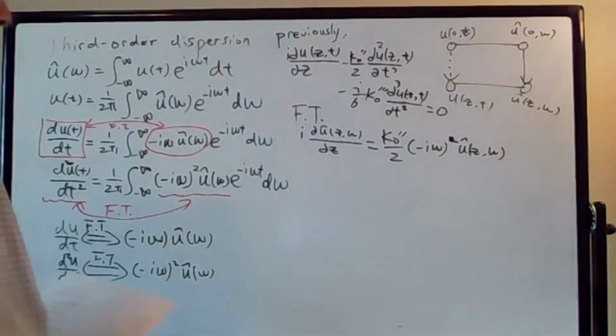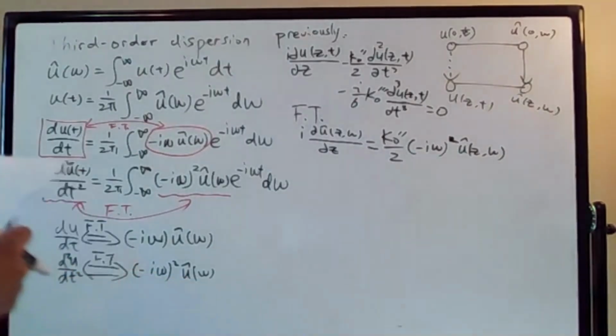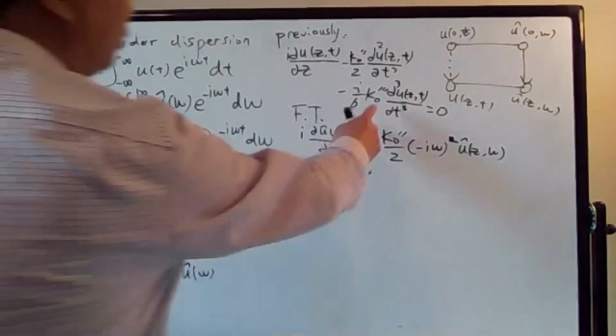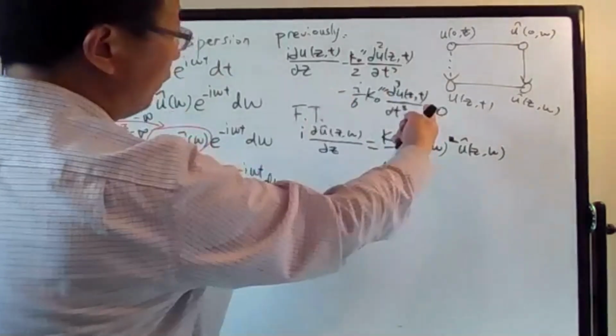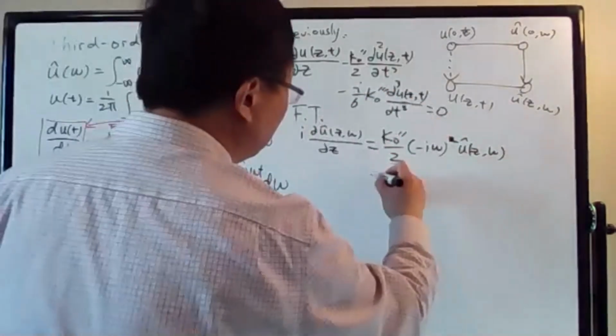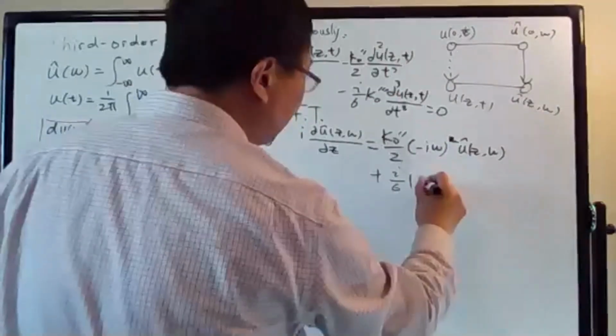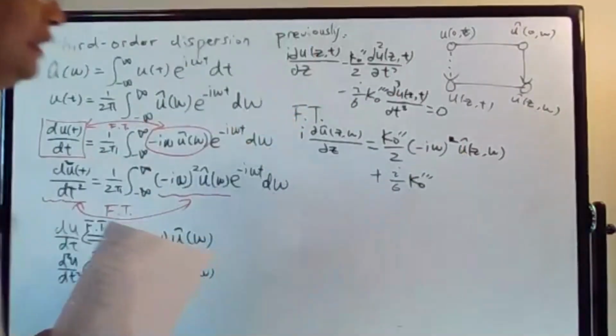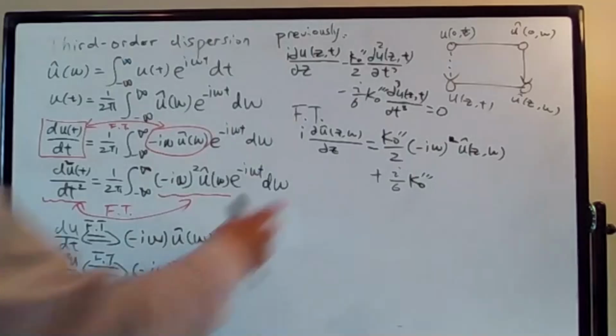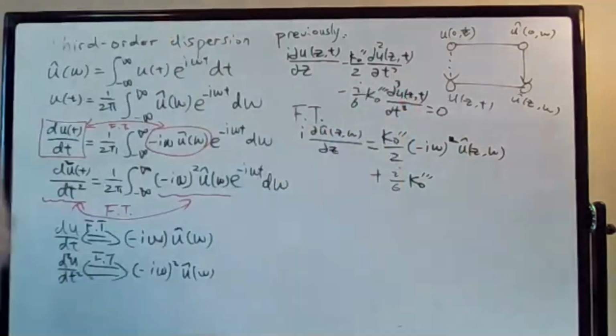Now let's look at the second term, which is the third order. We move it to the right hand side and it becomes positive, so we have plus i over 6 k naught triple prime. This is the third derivative, which I didn't write but should have.